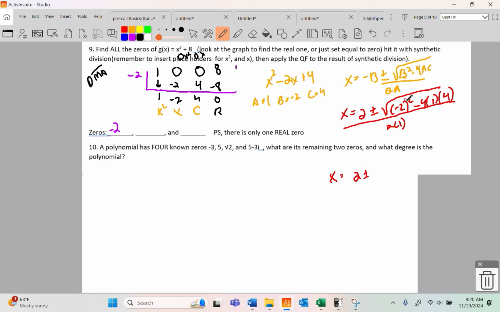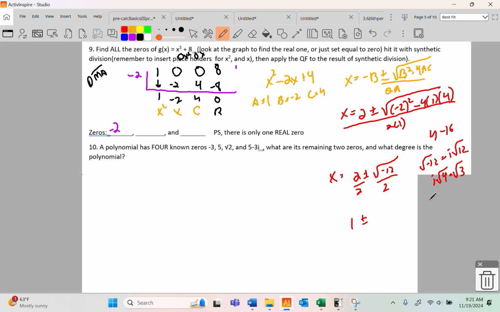In that radical is a 4 minus a 16, which is a negative 12. Both pieces over 2. The root of negative 12 can be thought of as the imaginary root of 12, and the root of a real 12 can be thought of as the imaginary root of 4 times root 3.